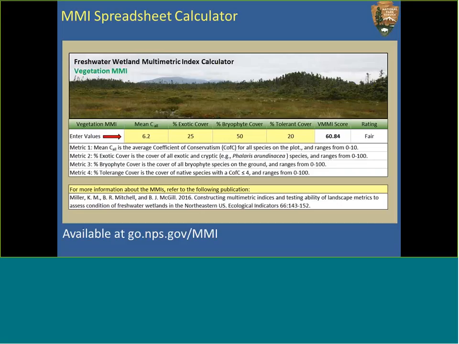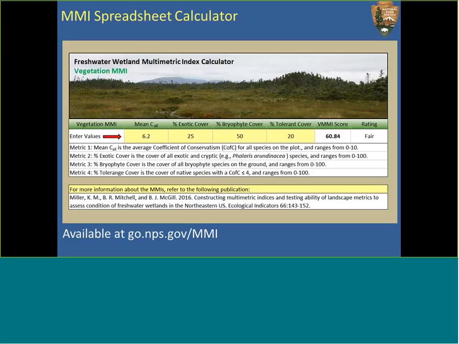So I'm going to use these MMIs to assess wetland condition in Acadia. I'm hoping other wetland folks in the region will adopt and test these MMIs. The more folks that are using the MMIs, the better understanding we'll have of, one, how good these MMIs are, and also how condition varies across the area and over time.